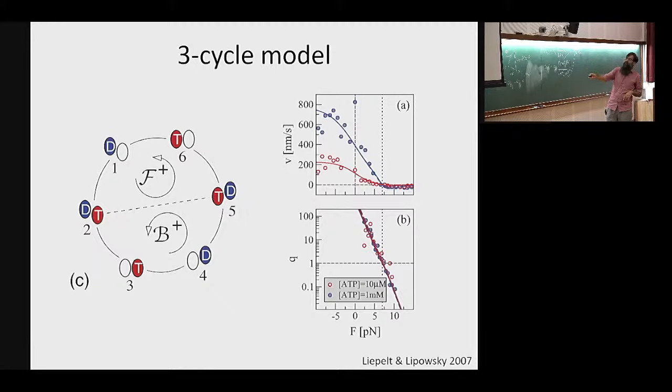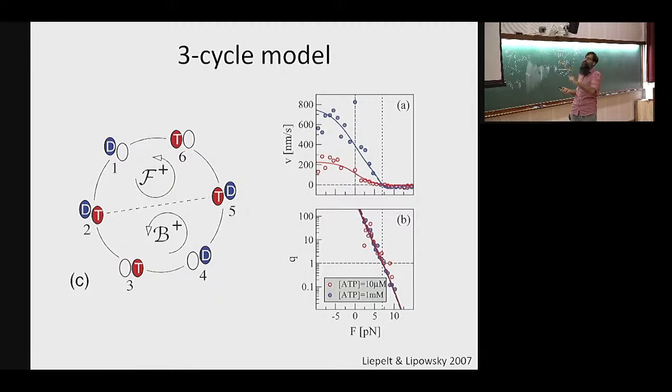But in the backward step, you also have ATP coming in here from 4 to 5, it makes a backward step, and it consumes the ATP. So in this system, you have a forward cycle and a backward cycle, and both of them consume ATP.